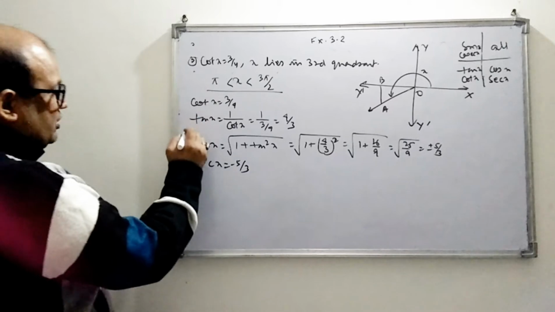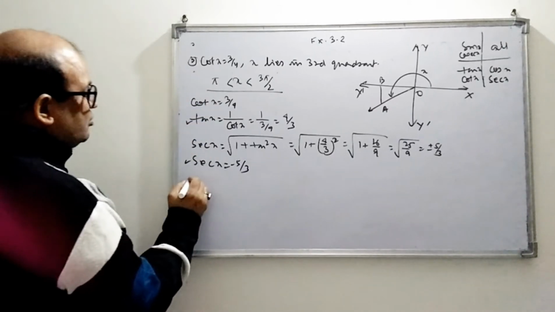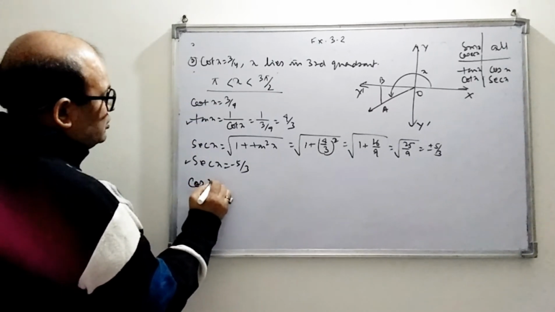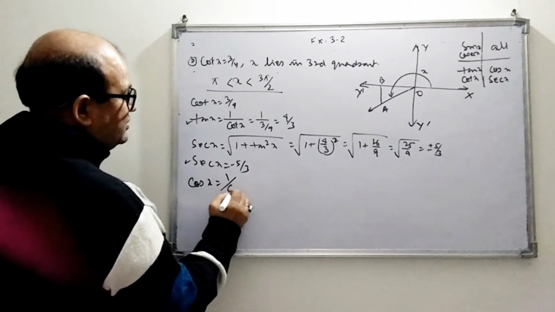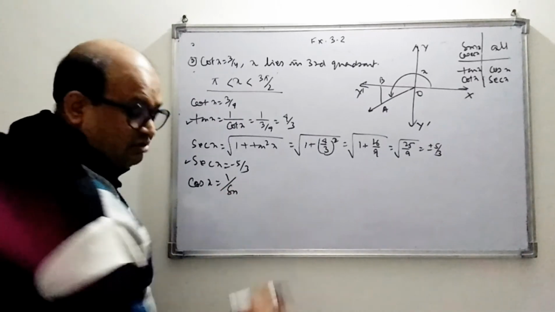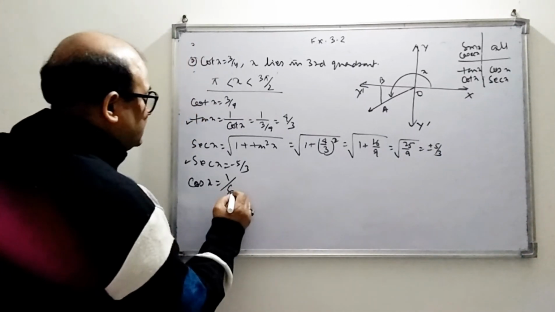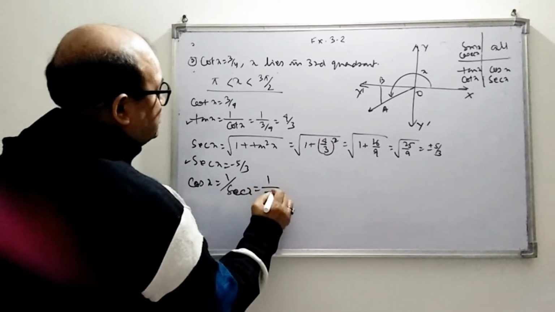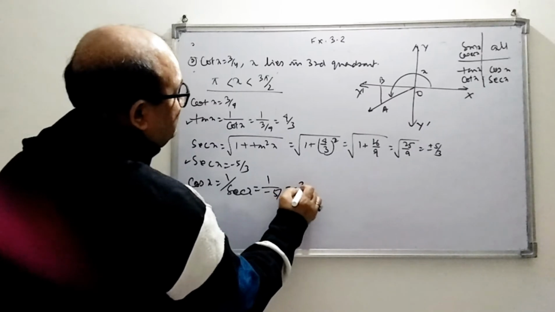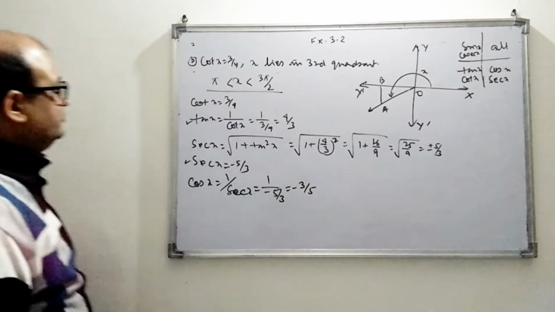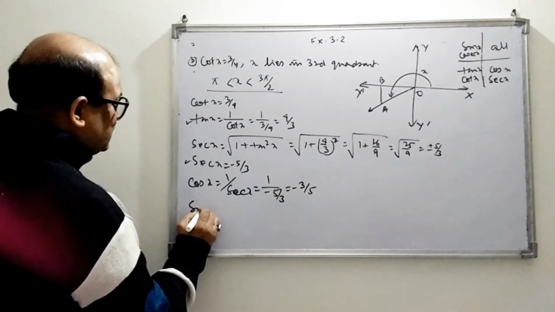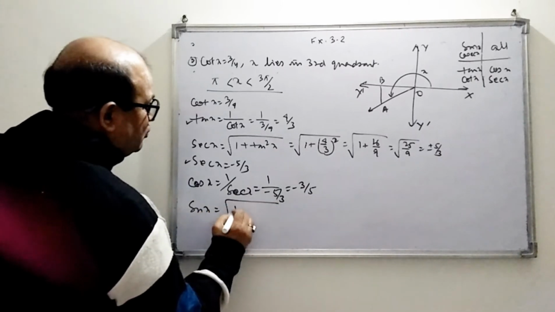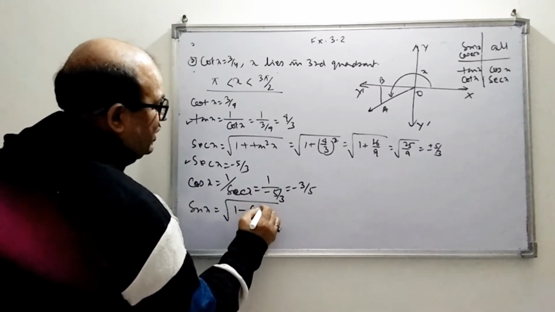Now we got tan x, got sec x. Cos x equal to 1 by sec x. So what do I get? 1 by minus 5 by 3, that is minus 3 by 5. Now sin x equal to root over 1 minus cos square x.